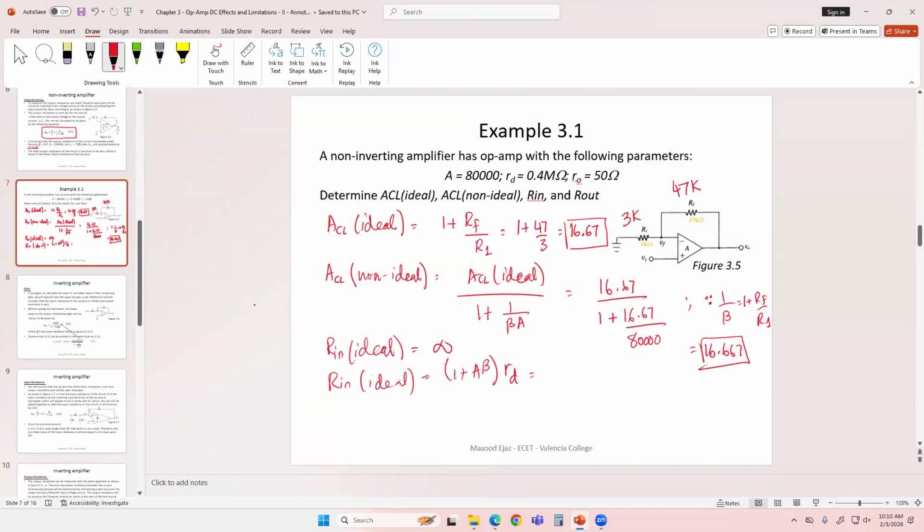A is 800,000, beta is 1 over 16.667, RD is 0.4 meg.